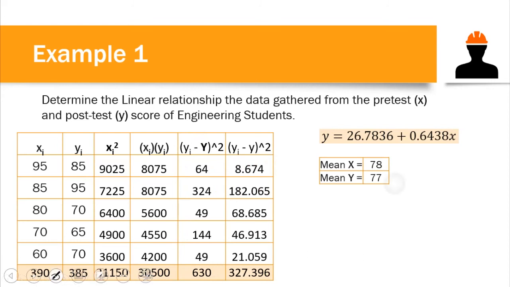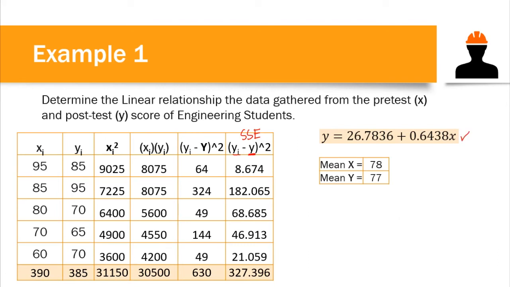Now we compute for the sum of squared errors by computing the difference between the actual value and the estimated value. This estimated value can be computed using this equation.